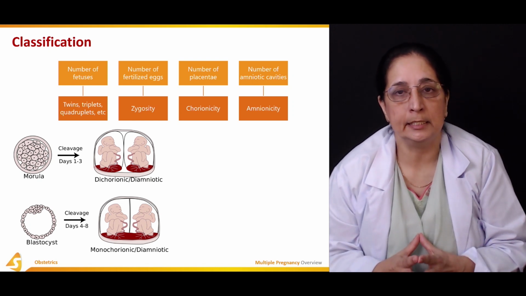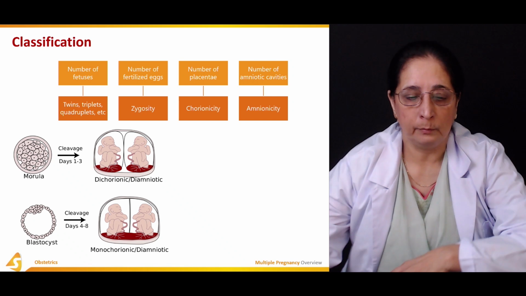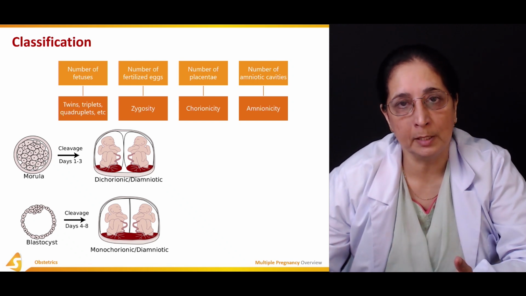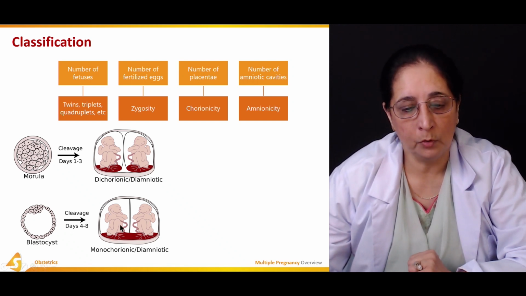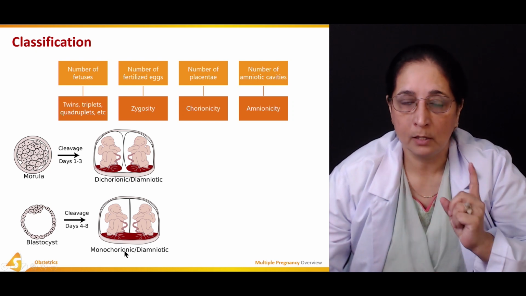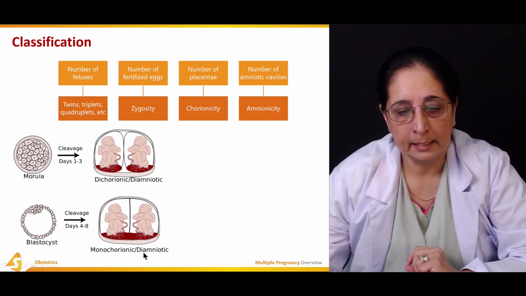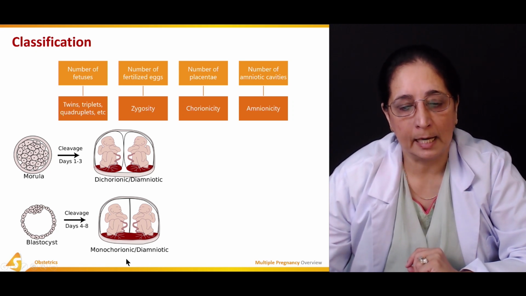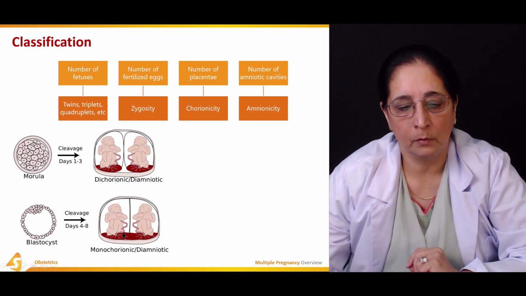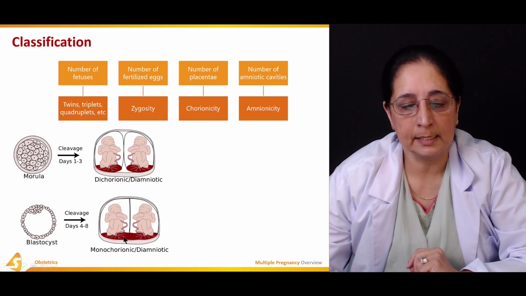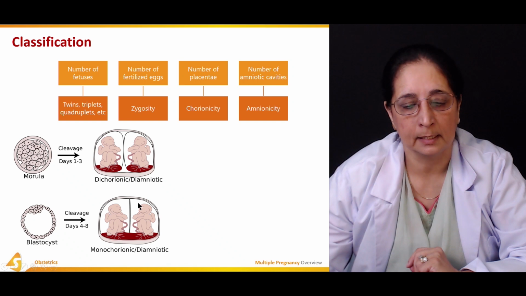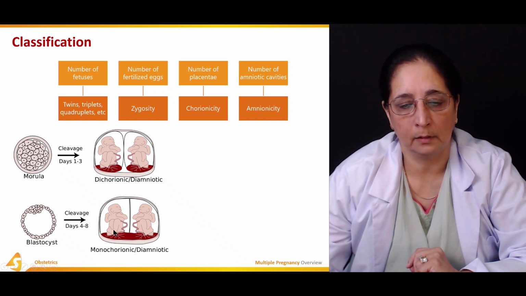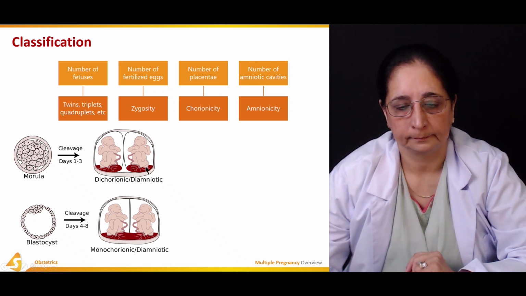And at this stage, if cleavage occurs, then the twin pregnancy is monochorionic, one chorion, and diamniotic. So a monochorionic, diamniotic pregnancy is formed. Two sacs and the same chorion, not separate chorions.